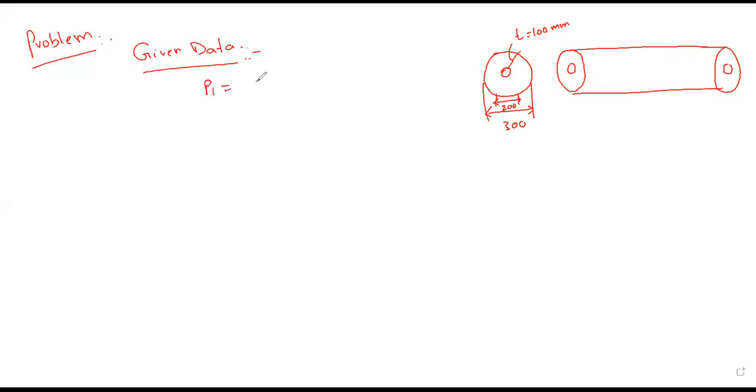What is P1? 20 Newton per mm square. And external pressure 5 Newton per mm square. As I told you, definitely your cylinders will have more internal pressure than the external pressure.